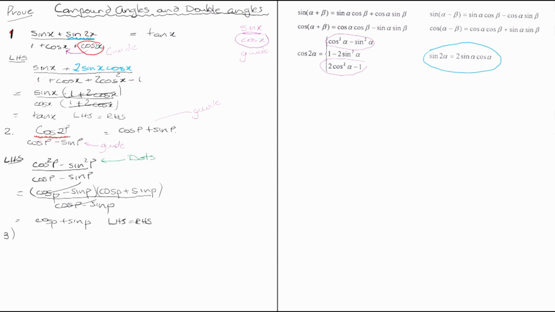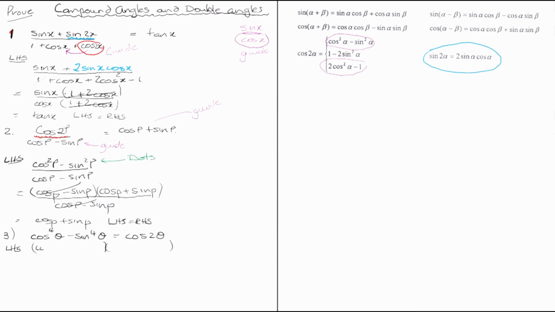Question number 3 is cos to the power of 4 theta minus sine to the power of 4 theta equals cos 2 theta. The left hand side is more complicated because of the high powers and the subtraction, so I'm going to start with the left hand side, and it is dots.